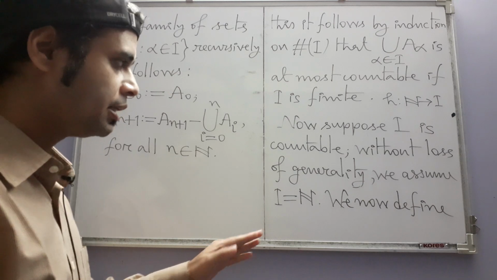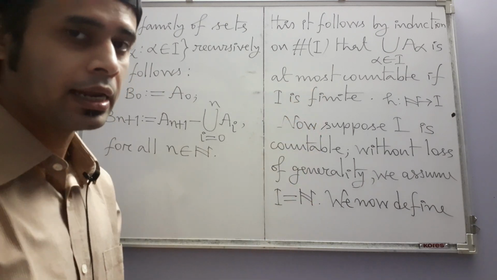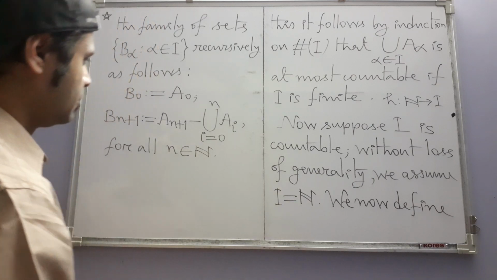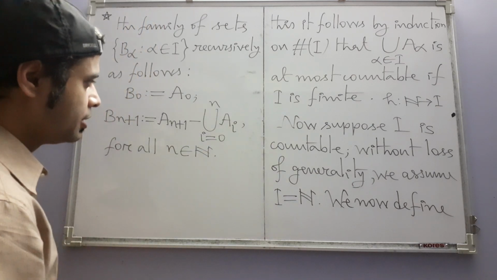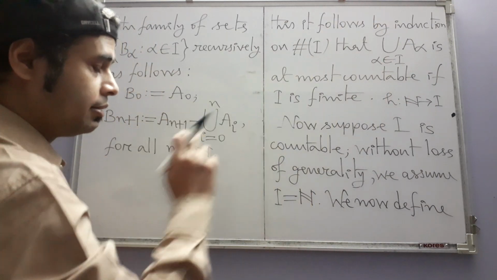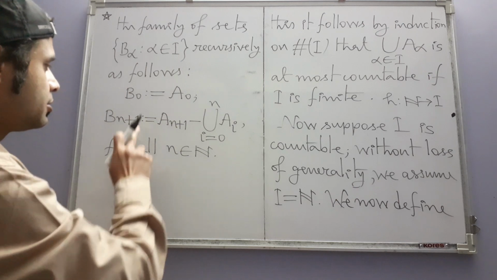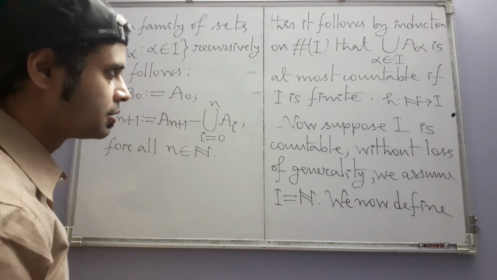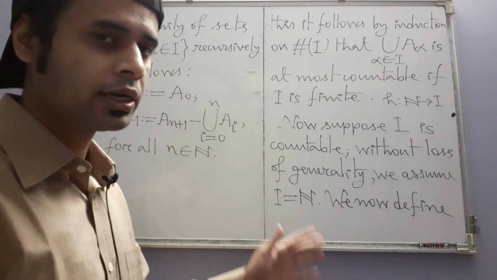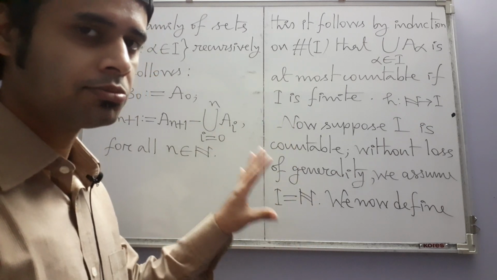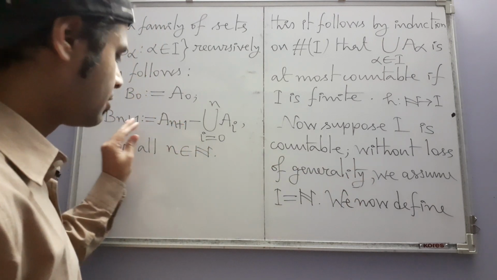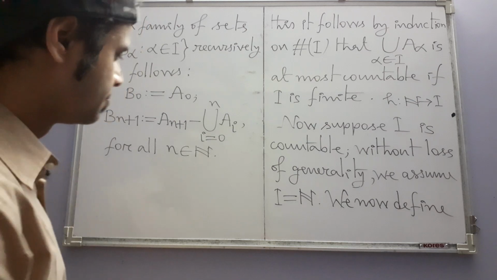And we can now quit calling the A alphas, we can call them An because we have assumed I to be equal to N. But now what we are going to show is that this union of all the An's actually equals the union of all the Bn's. And this fact will enable us to forget thinking about A alphas, because ultimately we are concerned about the union. So we can then think of the Bn's themselves.